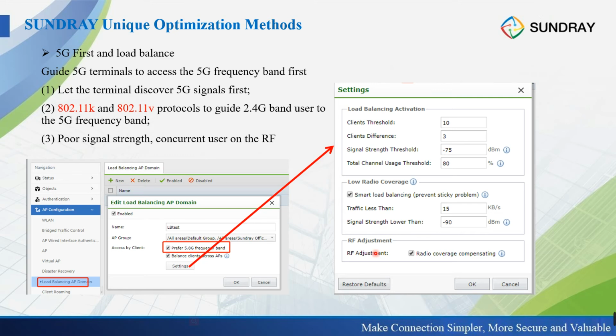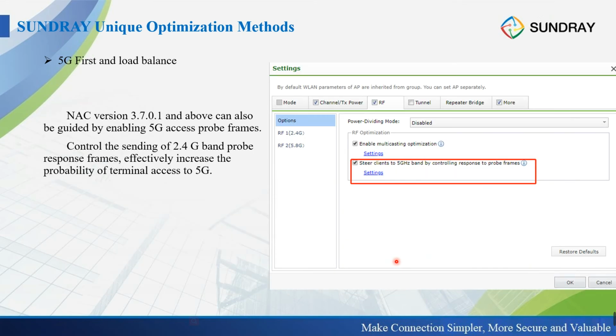And for the APs, we can enable error adjustment so that the AP can automatically adjust its power strength. For the 5G, we can also enable it on a per AP basis. In this per AP setting, we steer the client to 5G by controlling the response to probe frames.